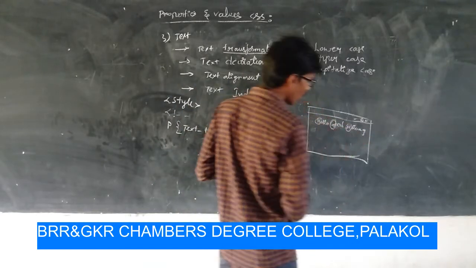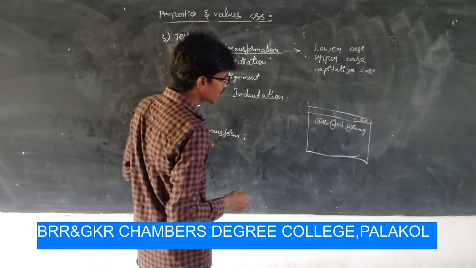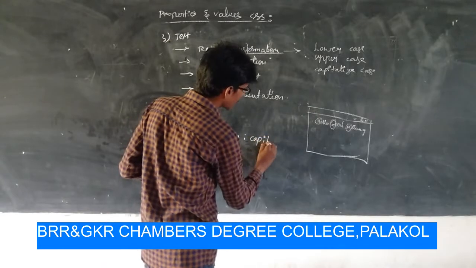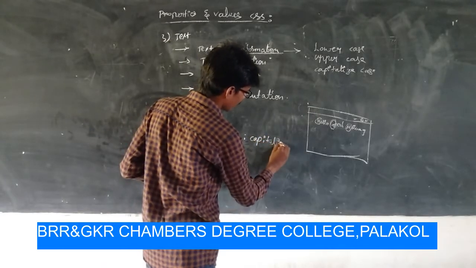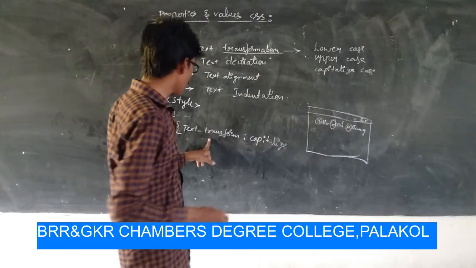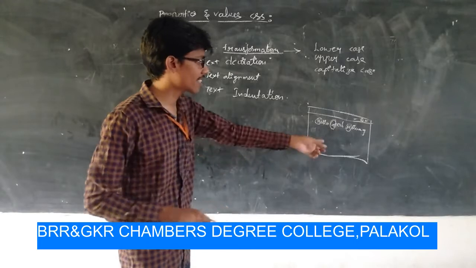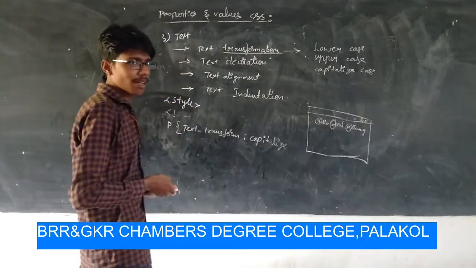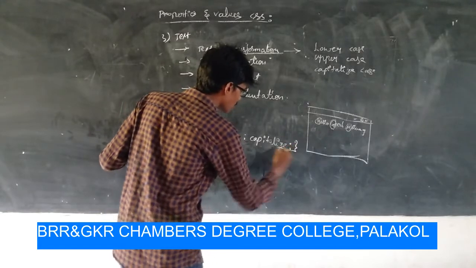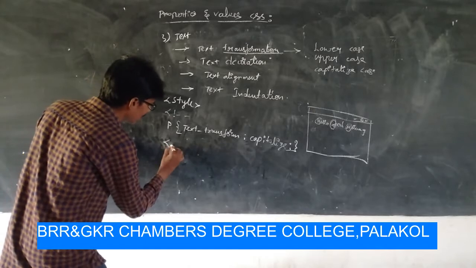You want to mention the value as capitalize. Then it automatically applies the text-transform value you mentioned to the text. Thereafter you close the curly brace and close this entire section.